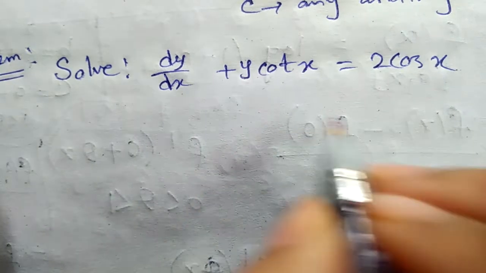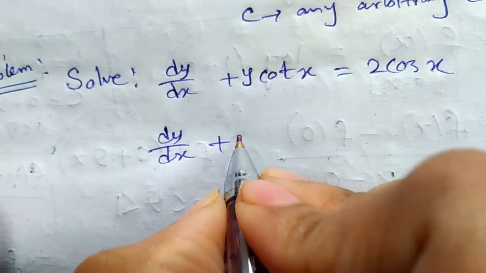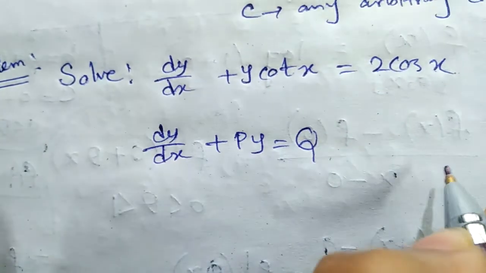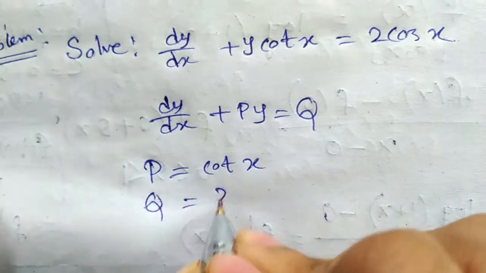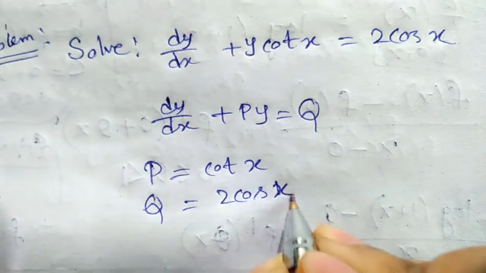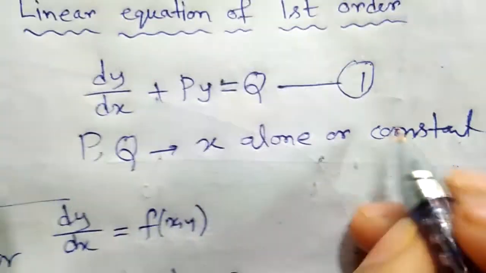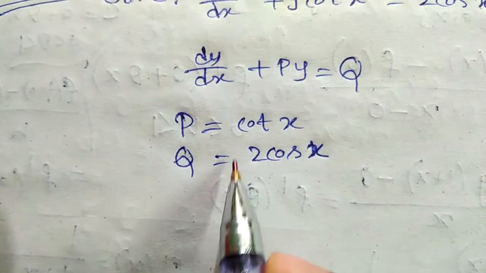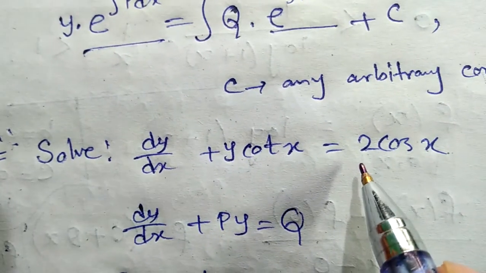Clearly we can see that this is of the form dy/dx + Py = Q, where P is cot x and Q is 2 cos x. Both are functions of x alone.